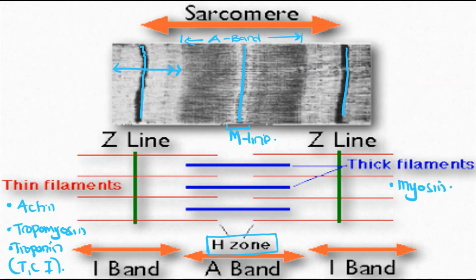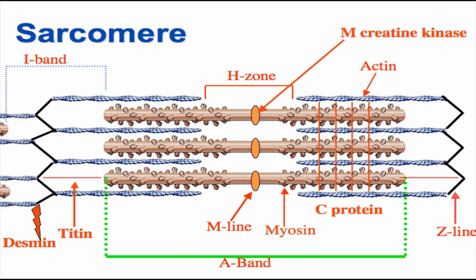All right. So contraction occurs when there is an interaction between myosin and actin. And then there's a sliding movement that is caused by ATP, and the sarcomere shortens. So when the sarcomere shortens, that's when contraction happens.